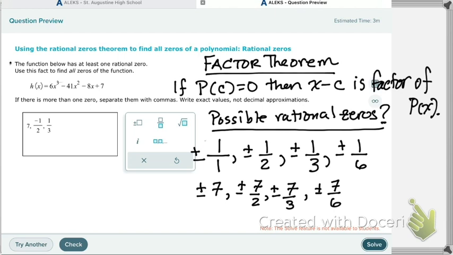I think that if you stop and try and digest what has been said here, you can understand it. And if you understand it, you'll be able to do problems that use these concepts. So I've got these possible rational roots. I've got the factor theorem.